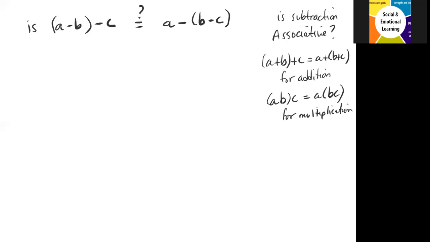Maybe we could just write them without the parentheses. Is there a way that we can write these without the parentheses? Can I write the left side without the parentheses? What do people think?